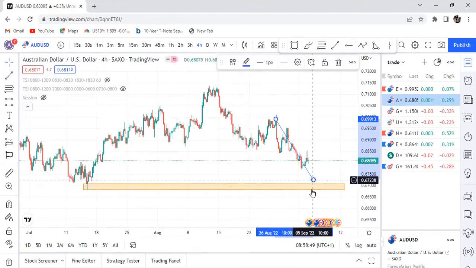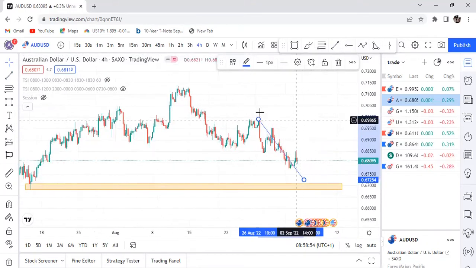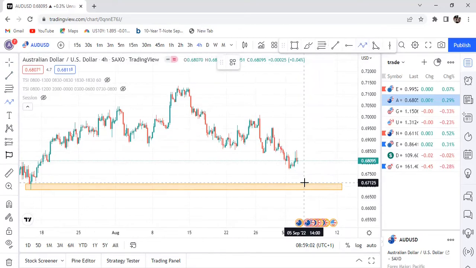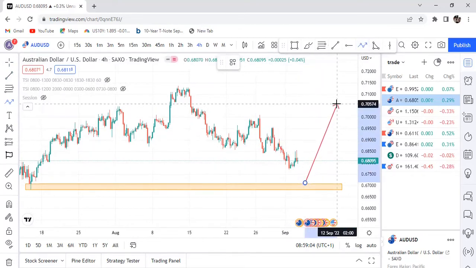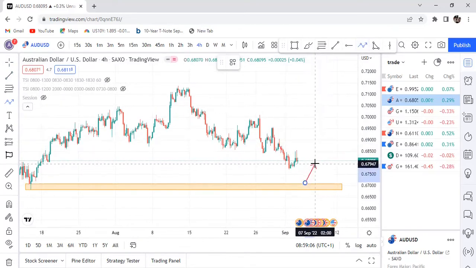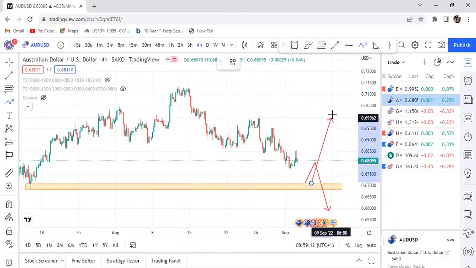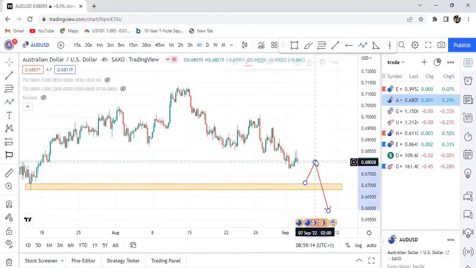At the end of the day, it's leading you to a certain area to wait. So this is telling me that if I want to buy, the best time to buy is when AUD/USD has gotten to somewhere here. That's when I can buy it either as a retracement or as a complete reversal. That's what this is saying.